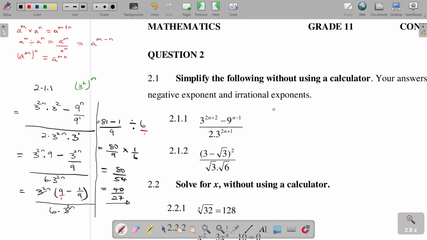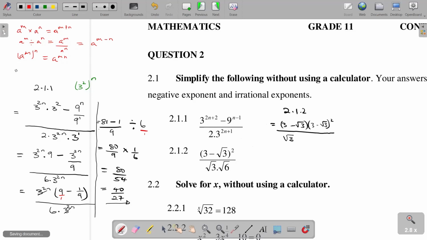Then we go to question 2.1.2. We have to simplify the denominator. It's going to be 3 minus root 3 multiplied by 3 minus root 3, squared, all over root 3. Where there's root 6, we can apply the law of surds.